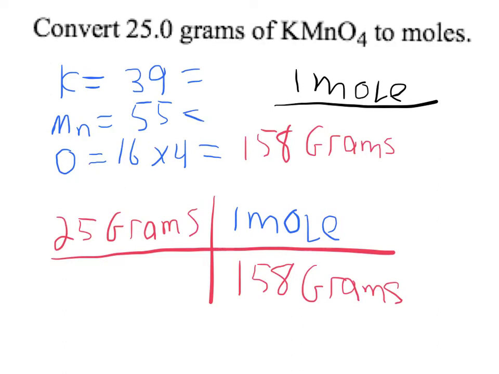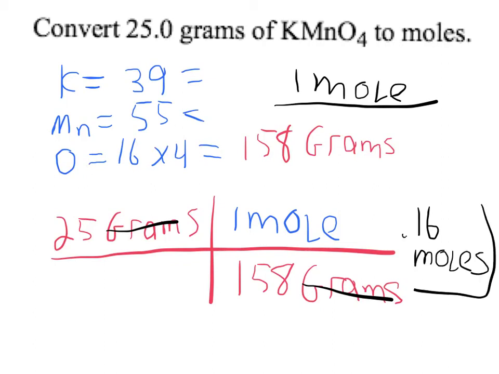Now we can cancel out grams on top and grams on the bottom. We're left with our answer in moles. All you're going to do is 25 divided by 158. Our final answer is 0.16 moles. So that's how you do a chemistry example converting grams into moles. Essentially you divide by the molar mass.